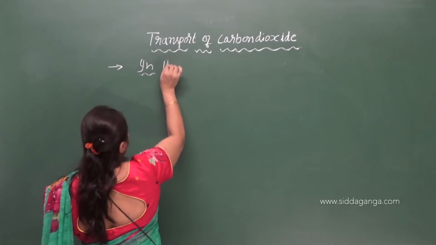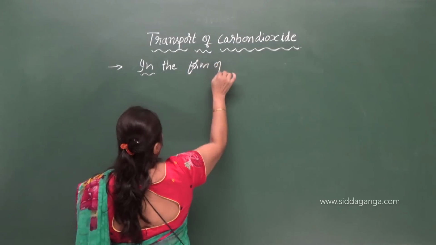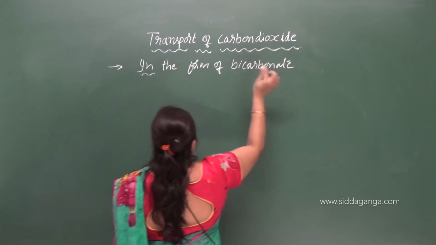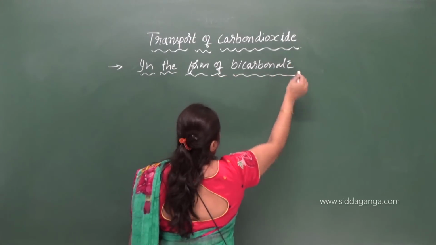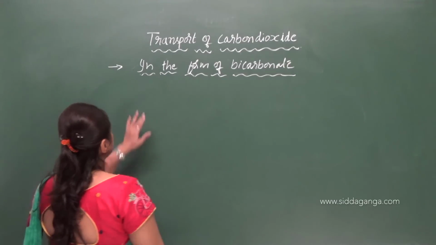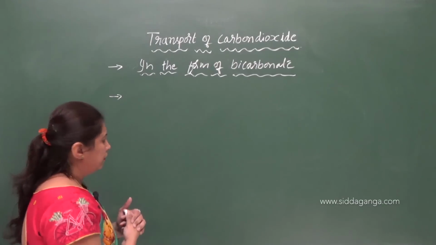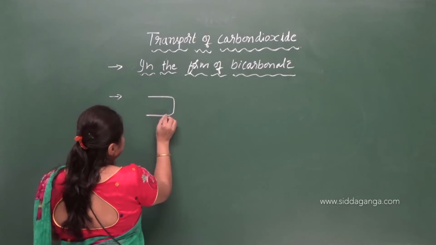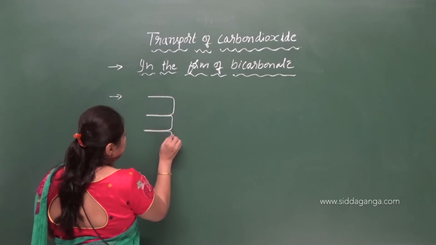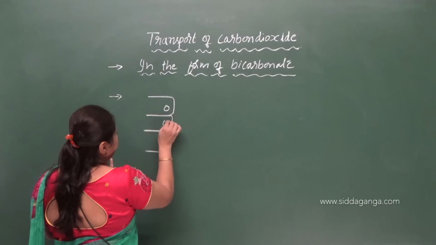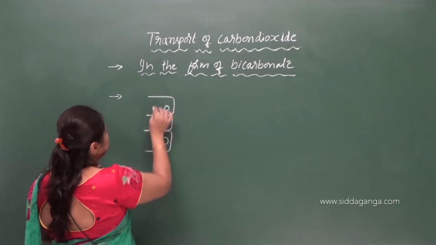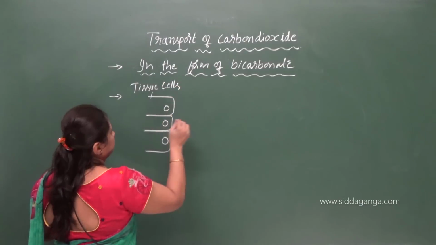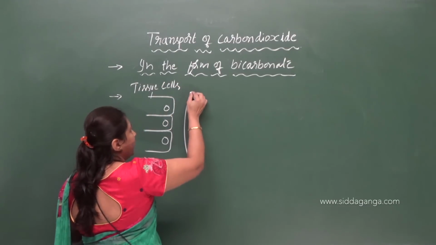Secondly, in the form of bicarbonate. See, these are body cells, and this is a blood capillary.